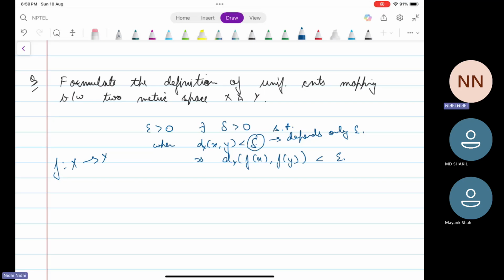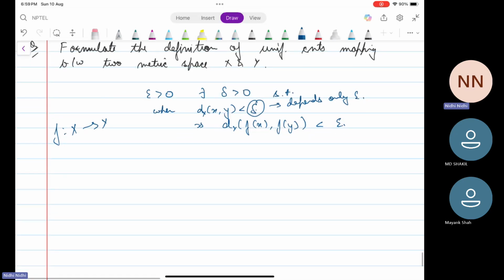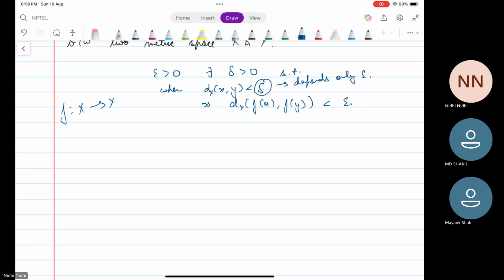Good. So next we'll look at the space of bounded linear functions.